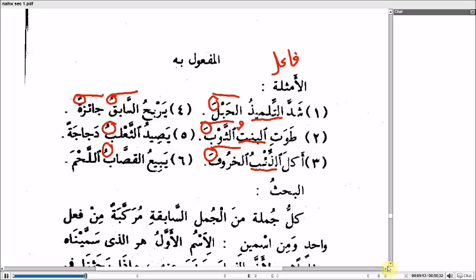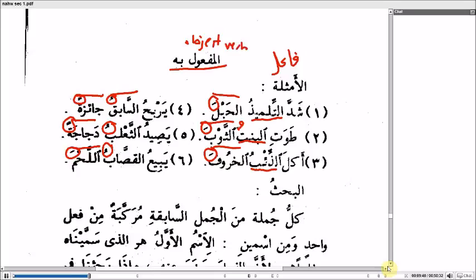The object of the winning was mansoob. The object of the hunting, the dajaja, mansoob. The object of selling, lahm, mansoob. So we see that the maf'ulu bihi is the object of the verb.